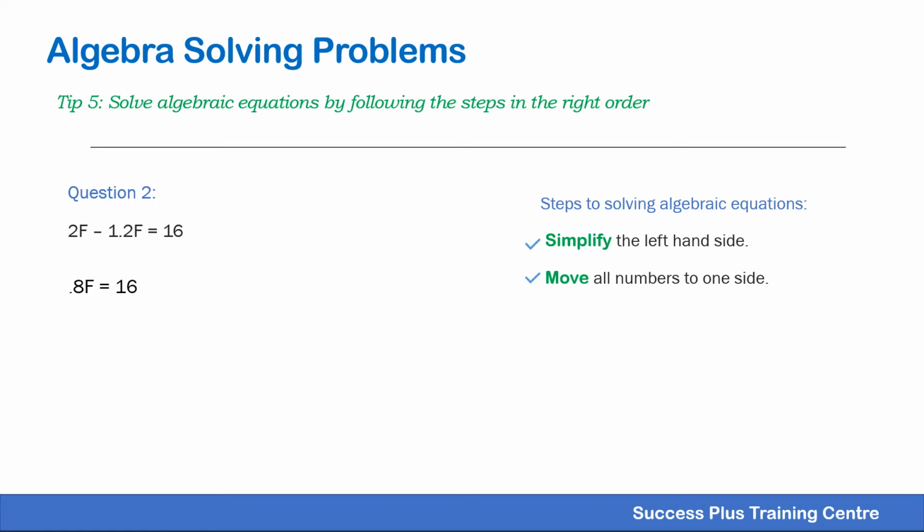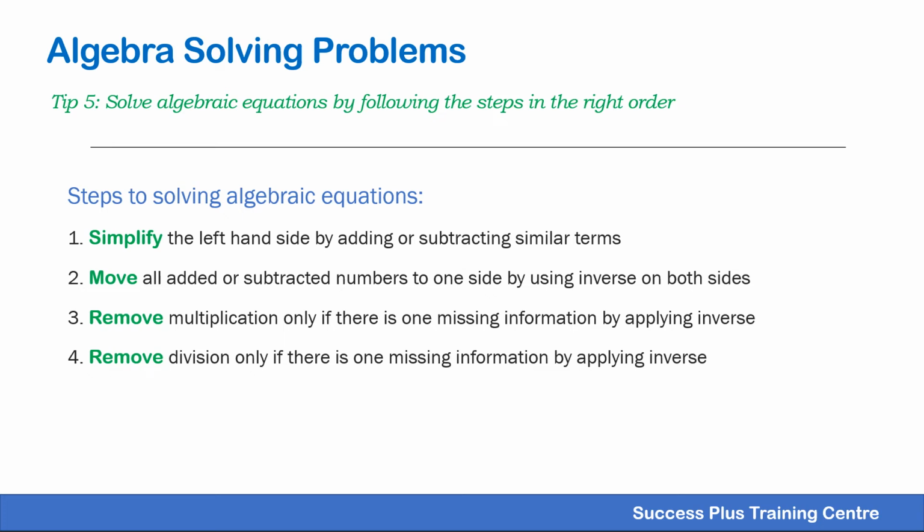And because I have only one equation and one missing information, I should be able to find the value of this missing information. So let's have a look at the next two steps to solving this equation. The third step to solving algebraic equations is removing multiplication, only if there is one missing information in the equation. And you can remove multiplication by applying inverse.